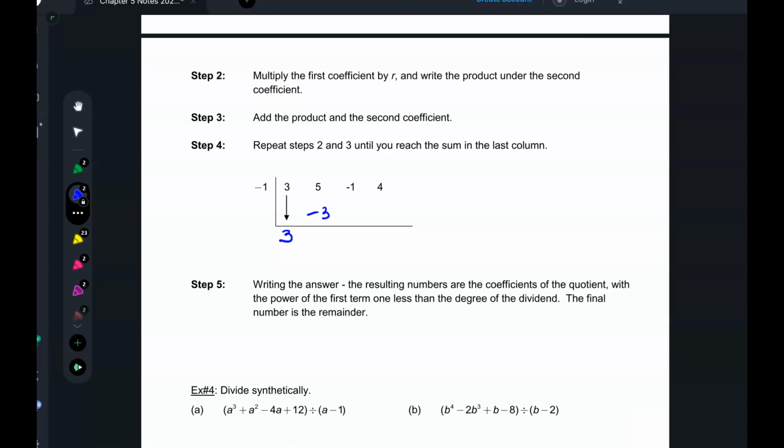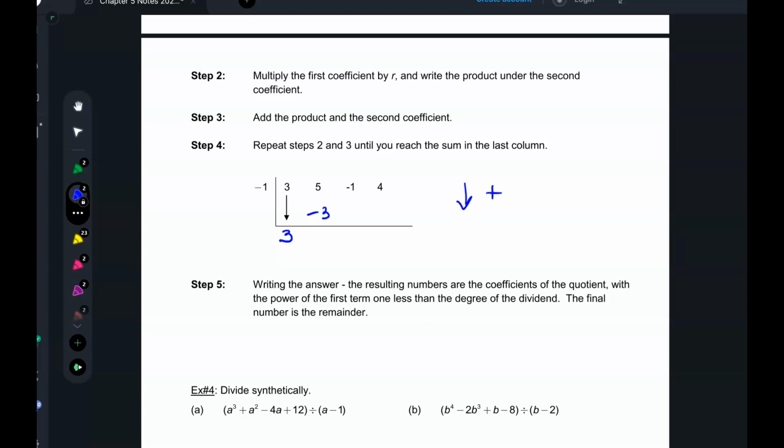So it's a combination of multiplying and then combining: 5 and negative 3. You multiply these by what's on the outside, and then you add straight down. We always add when we bring stuff down. For the first one, there's nothing to add to, so we just bring down the number.